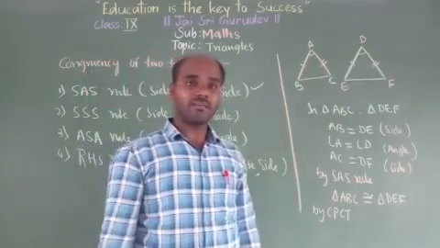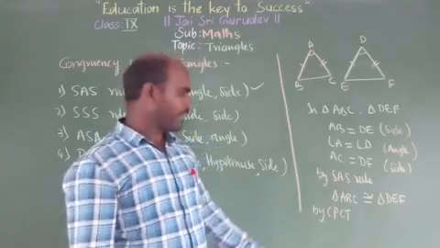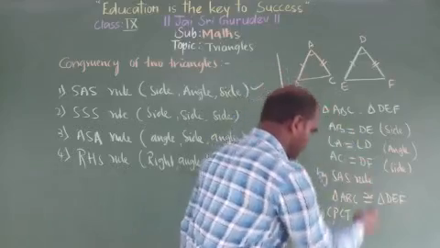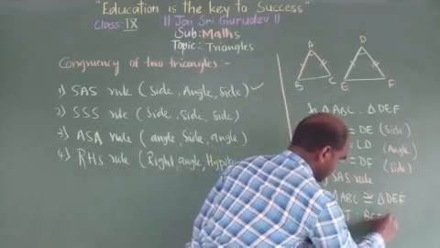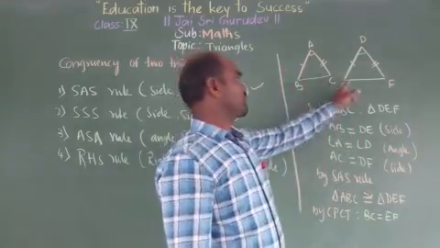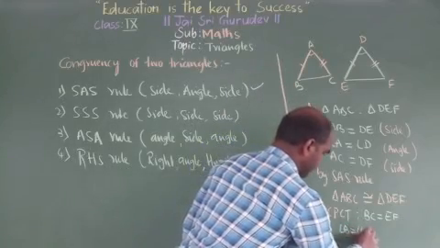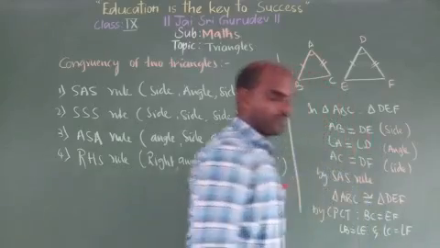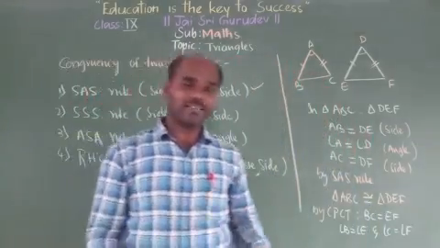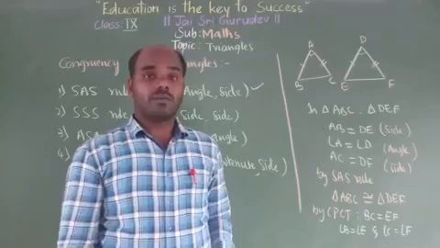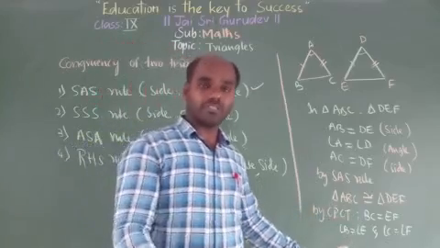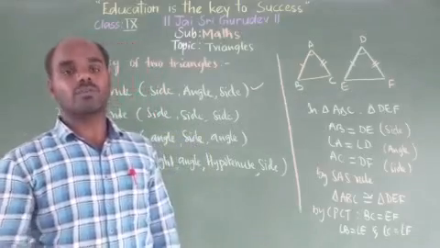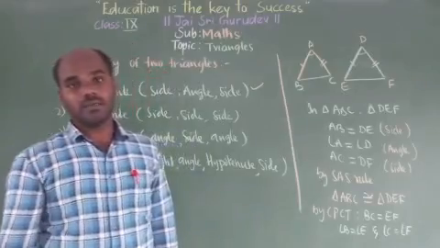So by CPCT, we get BC equals EF, angle B equals angle E, and angle C equals angle F. When you write that two triangles are congruent, by the rule of CPCT the remaining sides and remaining angles must be equal. You have to remember this point, it will be useful in future classes.